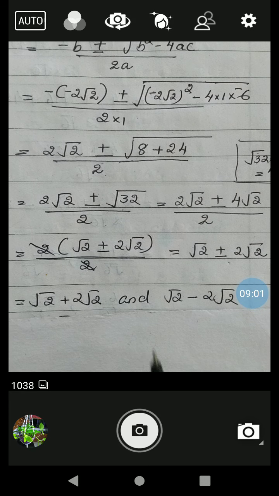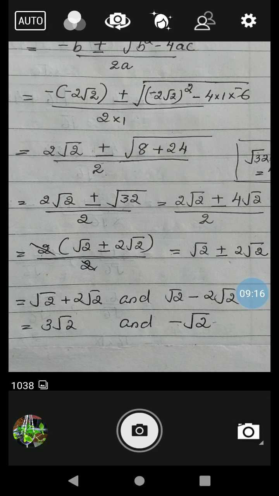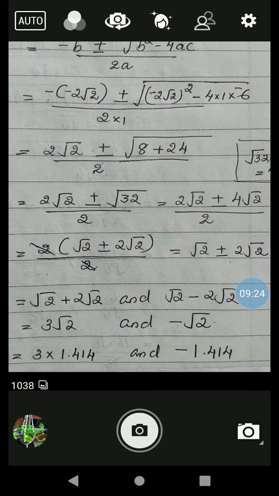Now, what is root 2 plus 2 root 2? That is obviously 3 root 2. And root 2 minus 2 root 2 is minus root 2. Now we can substitute the value of root 2. What is the value of root 2? Do you remember? That is 1.414. You will get that one.